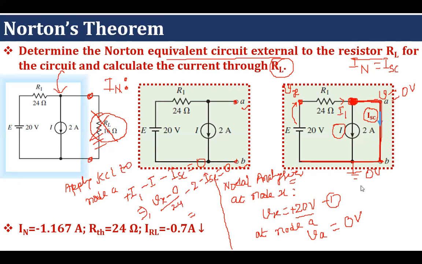After solving this equation, because I know the value of Vx is 20, ISC will be equal to minus 1.167 ampere, as it is given over here. So you have to solve it by yourself and get the answer.